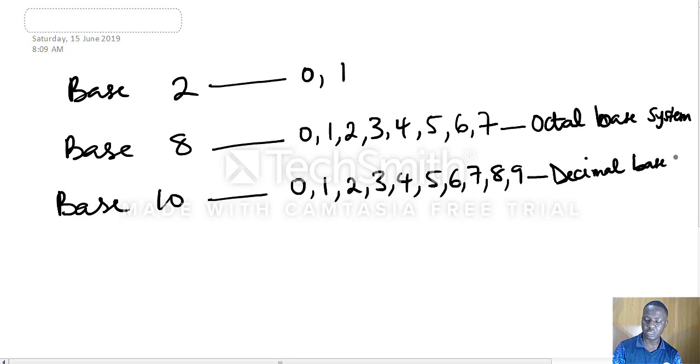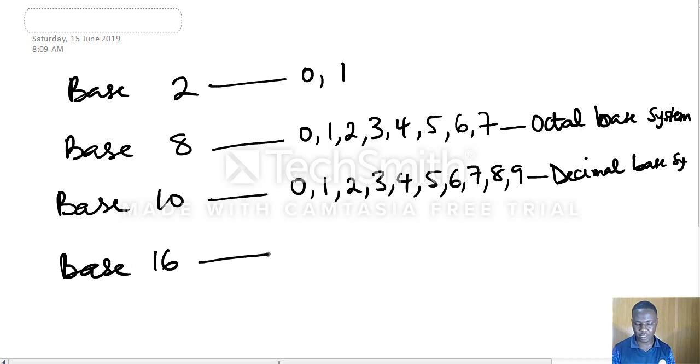Okay, we also have in focus the base 16 number base system, and the base 16 system can be said to be alphanumerical, meaning it is made up of both letters and numbers, while we have digits 0 to 9 to take care of the first 10 digits in the base 16.